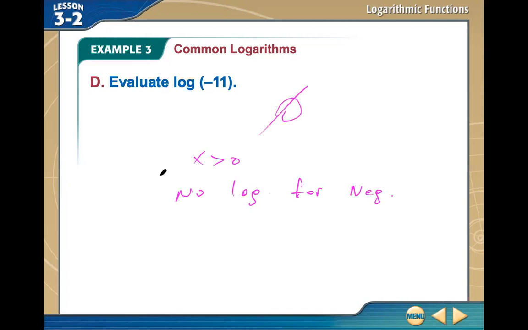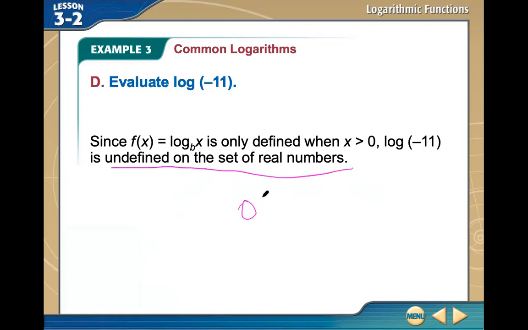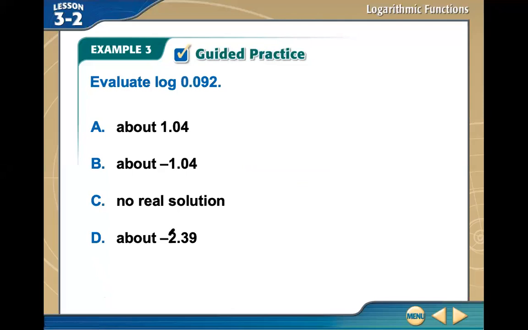So empty set. Let's see how is the solution here. What it says, since it is undefined on the set of real numbers, so that means there is no solution. Empty set. Okay, undefined. Good. No real solution.